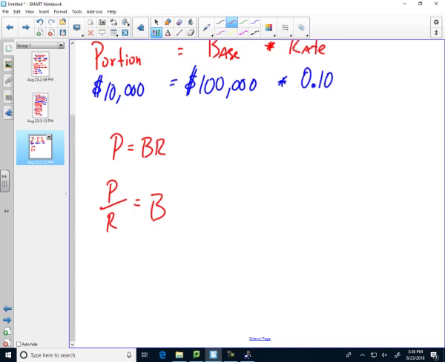And I could also sometimes need to say something like R equals P over B. Same concept, only in this case I divided each side by B. Okay, so this is solving for the base, this is solving for the rate. So you can rearrange this as needed. Would I remember these last two equations? No. Remember the first one, you can rearrange it when you need it. Okay? So this is actually very handy.